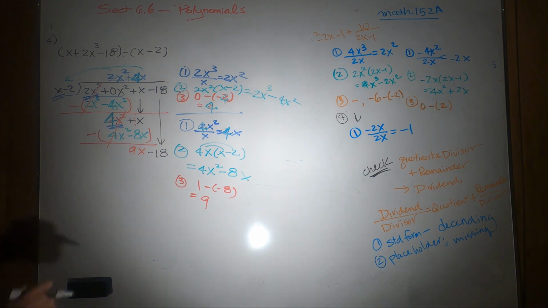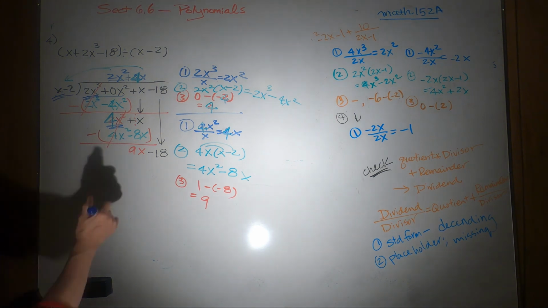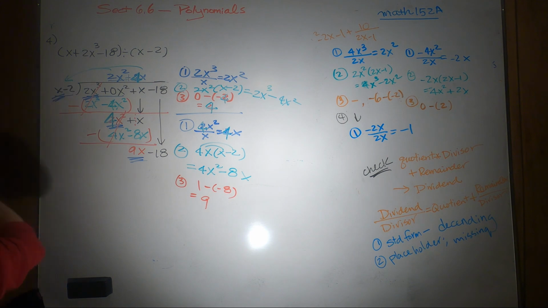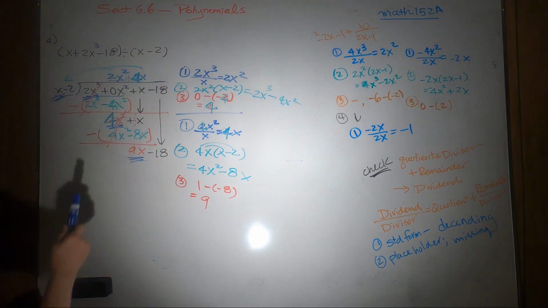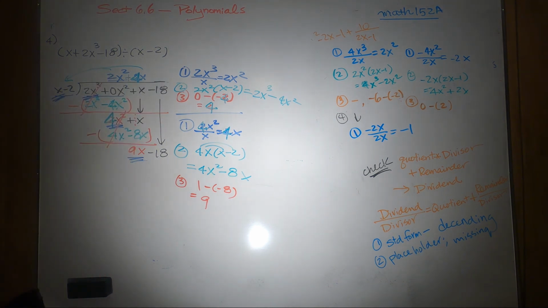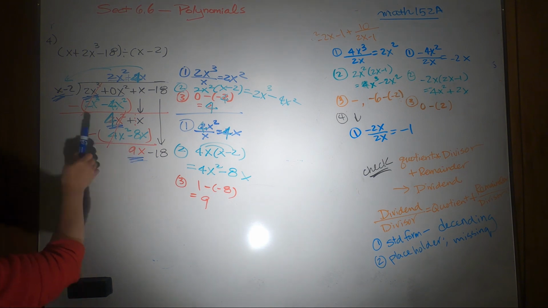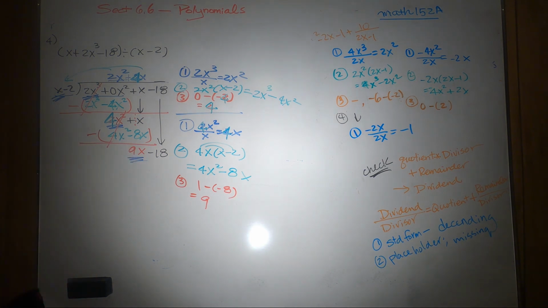And we carry down. Then what do we do now again? For another quotient. Once you finish steps 1 through 4, then you repeat. You need to find more quotients, right? We can only do one term at a time, and we compare one term at a time as well. 9x divided by x, positive 9.